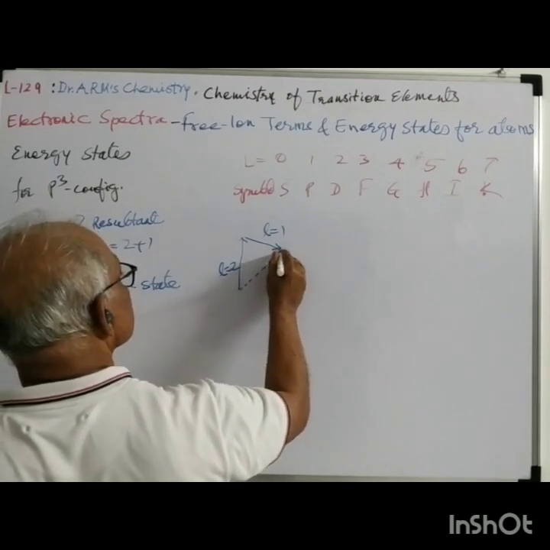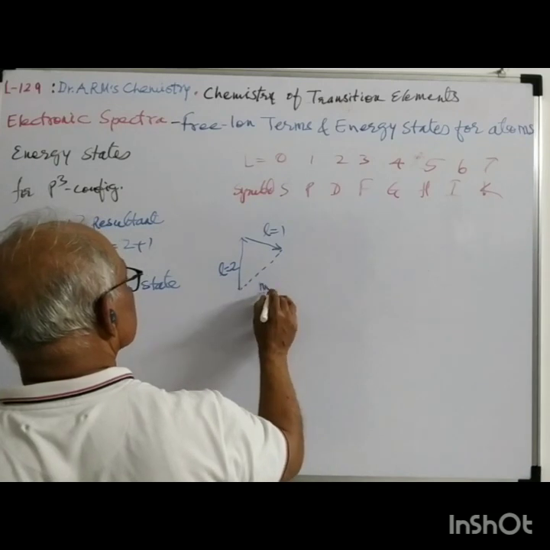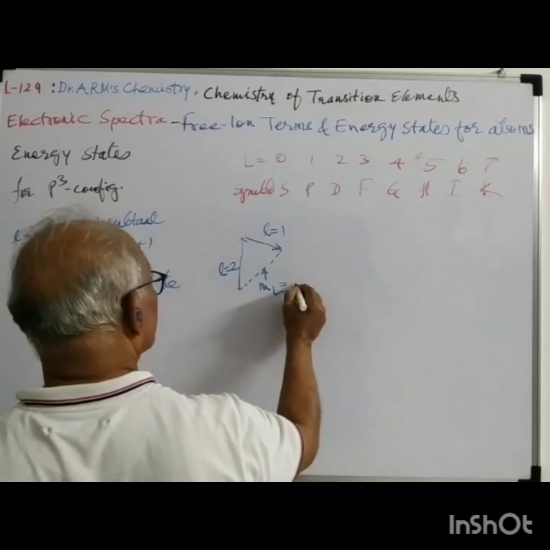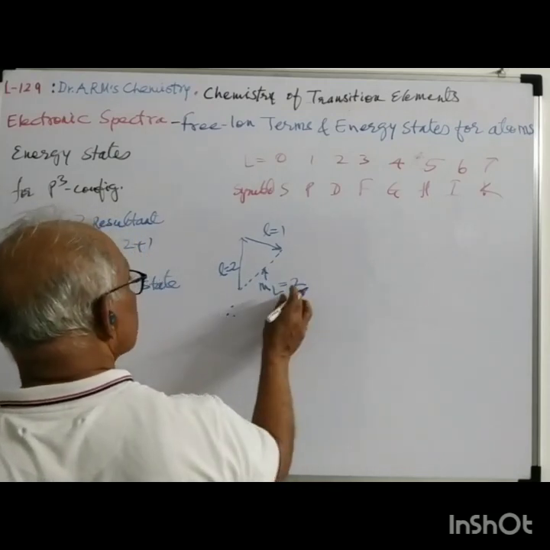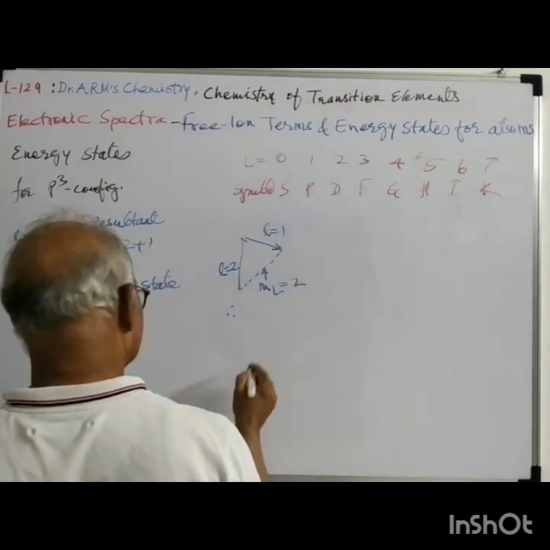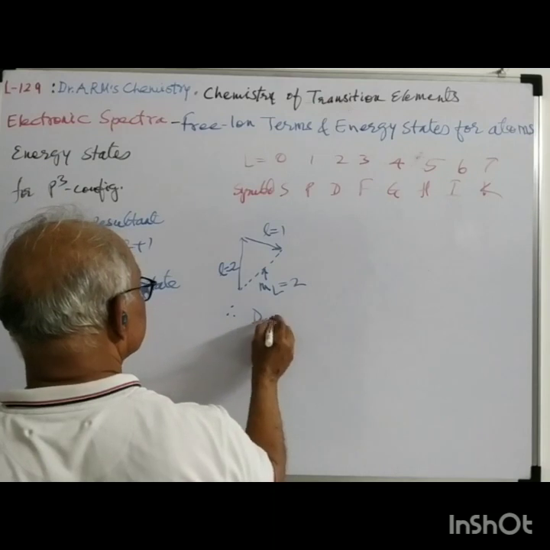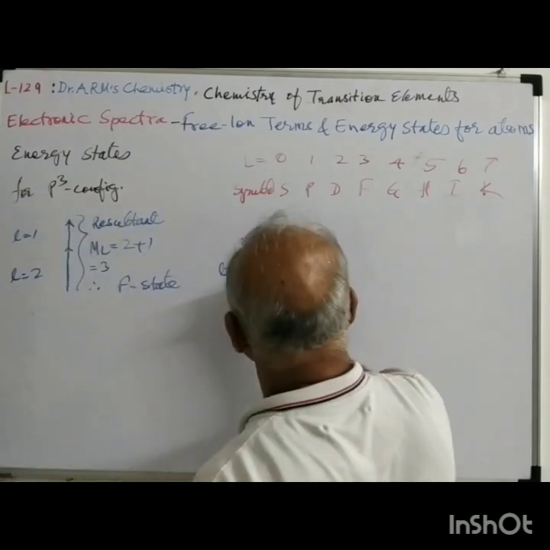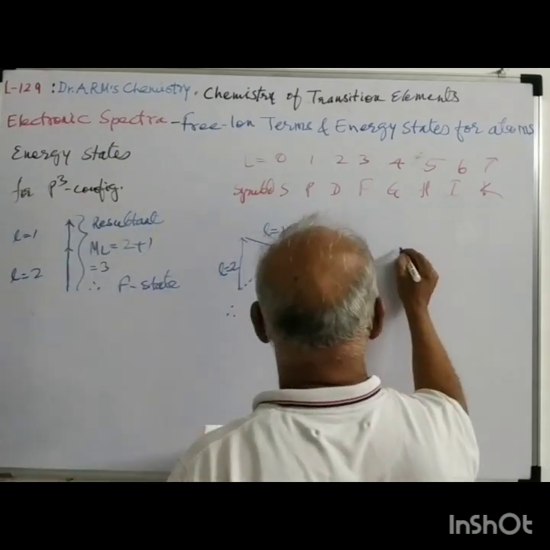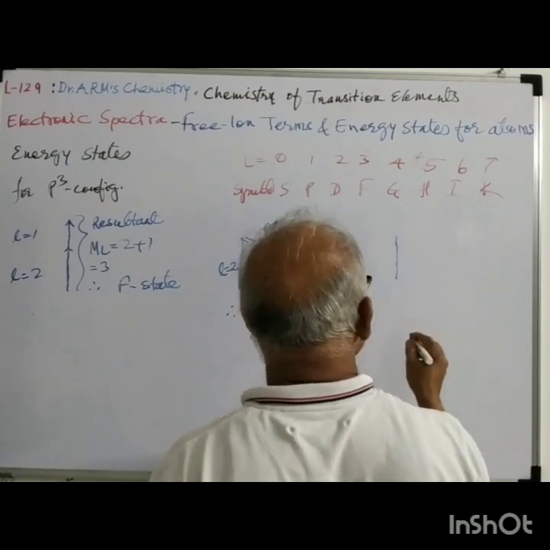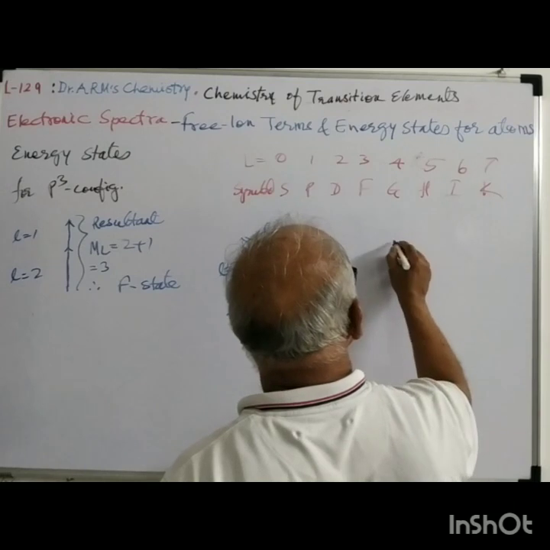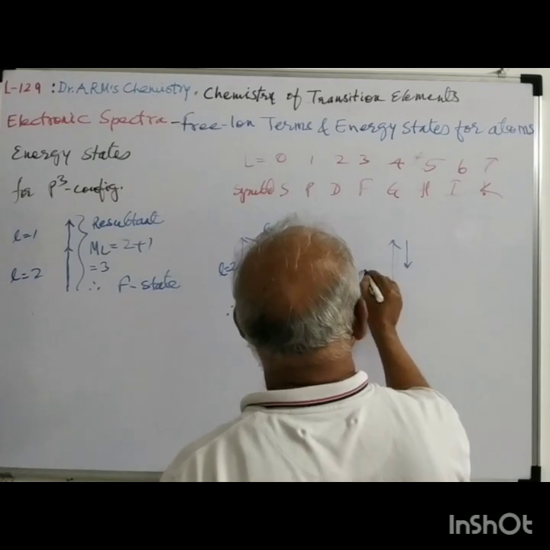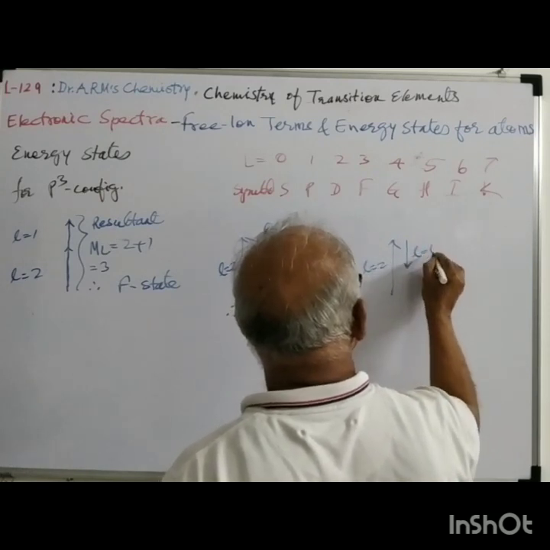So this ML is equal to 2, and therefore for 2 the state is D. When this arrow is again changing in the opposite direction completely, this is L is equal to 2, this L is equal to 1.